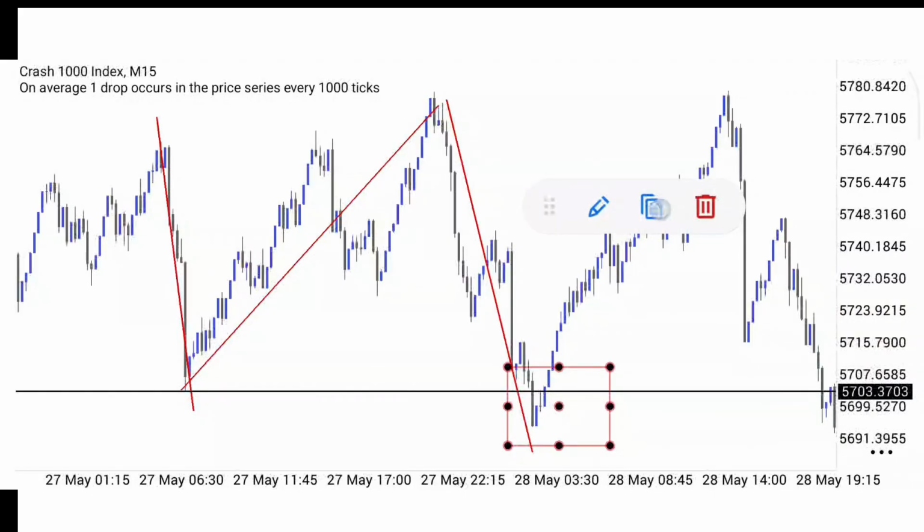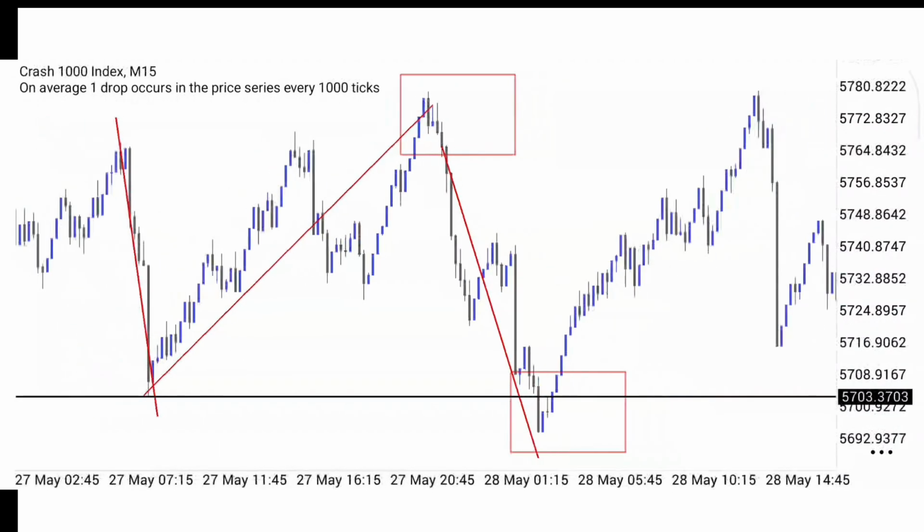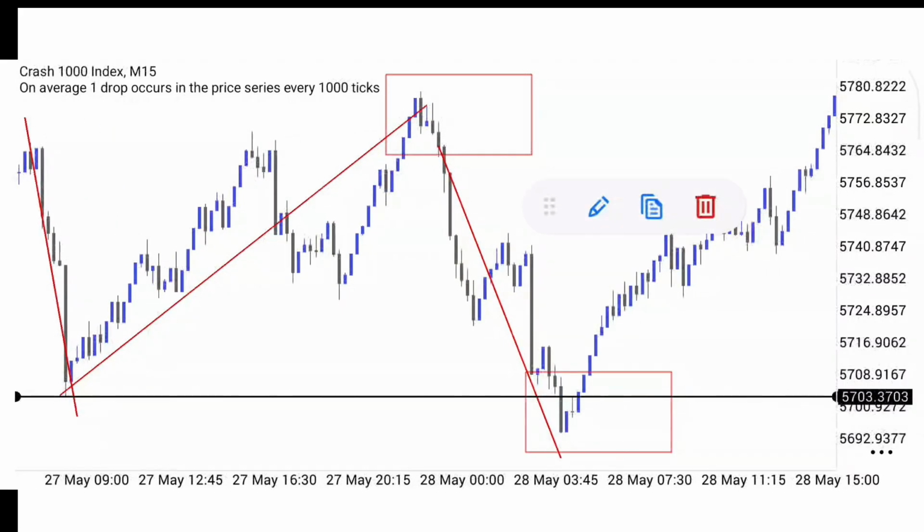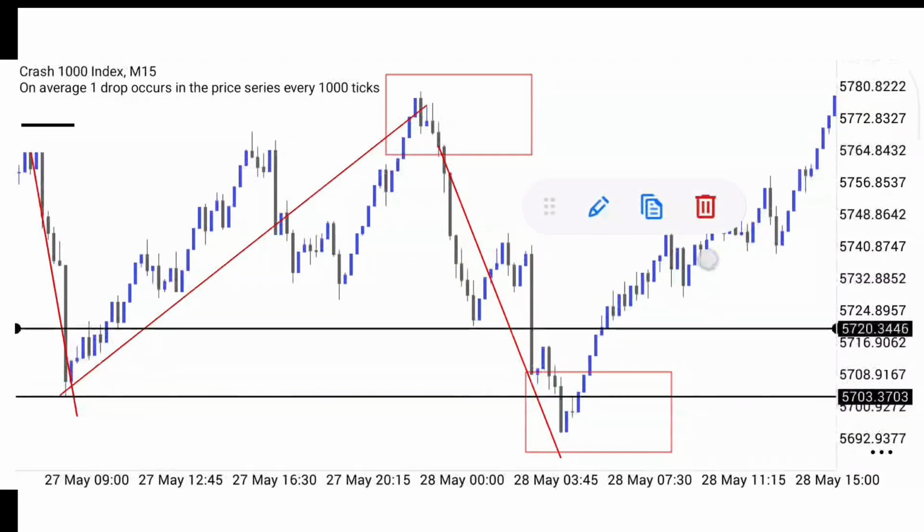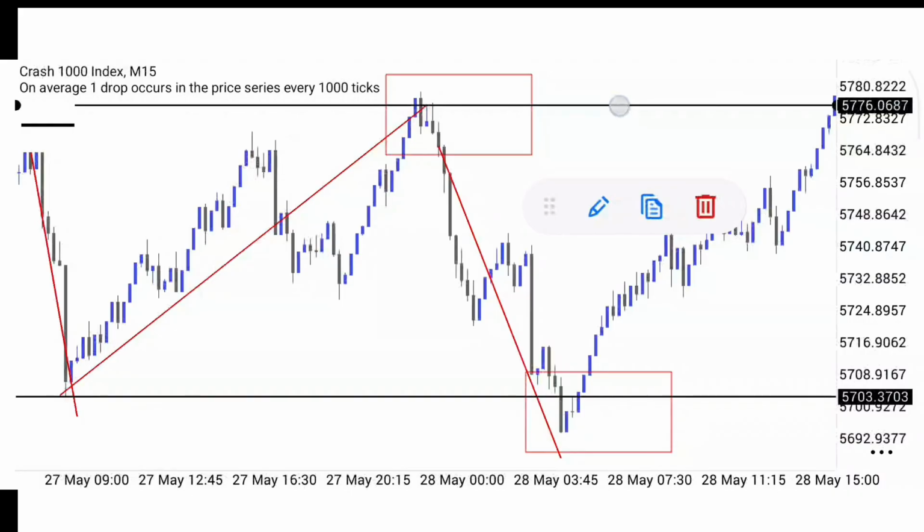So if you look at this point here, this area here. Now let me just bring this down here. We are not using these lines for anything, it's just for description. So if you look at this point here, this zone here, this is our liquidity zone.